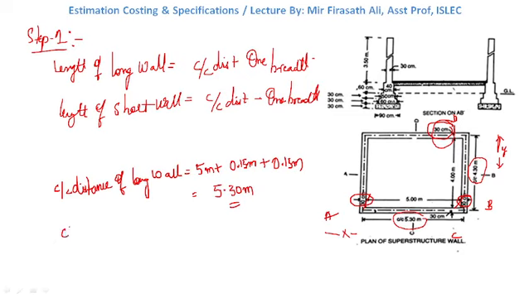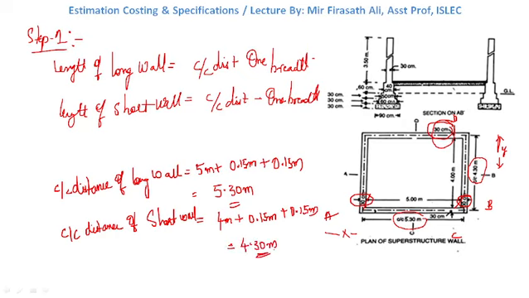Similarly, the center to center distance of short wall: the same method. 4 meters is the inner to inner distance plus half thickness of the wall, 0.15 meters, plus 0.15 meters. It comes to 4.30 meters, the center to center distance of the short wall.